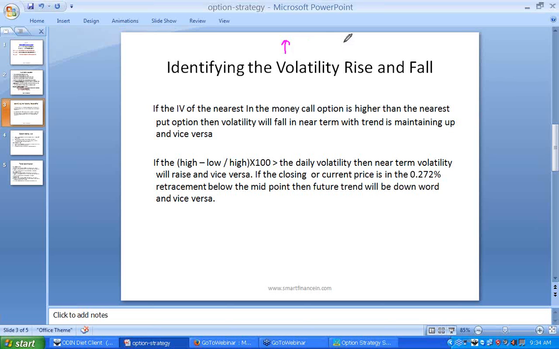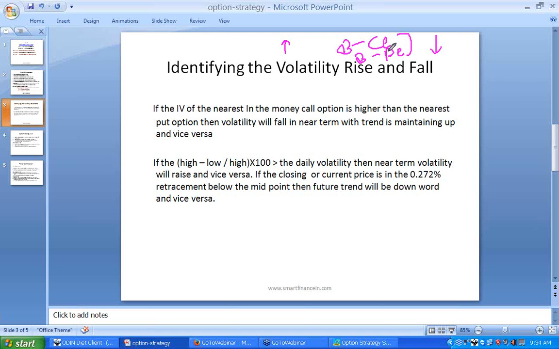If you are buying a call option and buying a put option, this is called a net debit strategy. If volatility goes up, this strategy will benefit you. Whenever the volatility falls, these strategies will give you losses.